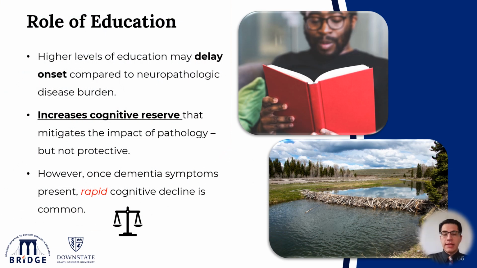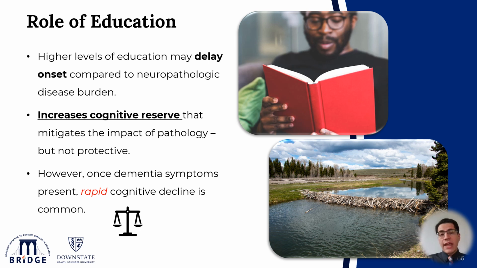In this last slide, I'd like to highlight the role of education in that space. So higher education increases the cognitive reserve of individuals, which may delay the onset of neurocognitive symptoms compared to the burden of the neuropathology in the brain. But once the dementia symptoms start, rapid cognitive decline is actually common.